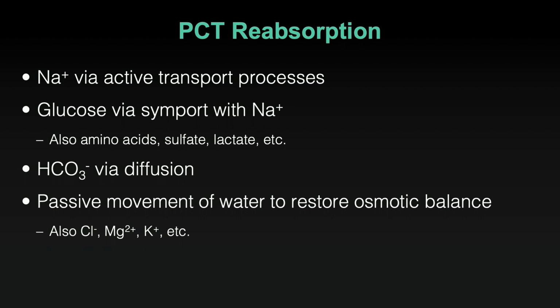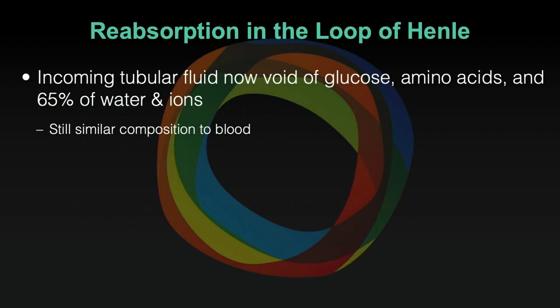This summarizes the role of the proximal convoluted tubule. And at that point, tubular fluid enters the loop of Henle. The loop of Henle has a large role to play in the countercurrent mechanism that we've heard mentioned before, but we don't know details on yet. That's coming tomorrow.